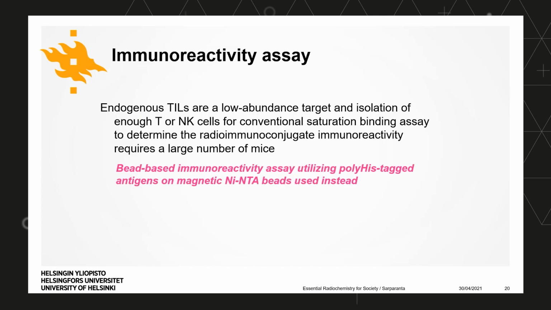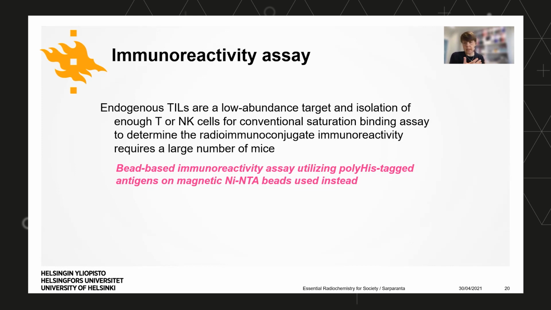With radiolabeled antibodies, the determination of the immunoreactivity is really key. We have to know that even after the radiolabeling modifications, they will recognize the antigen at high efficiency in vivo.